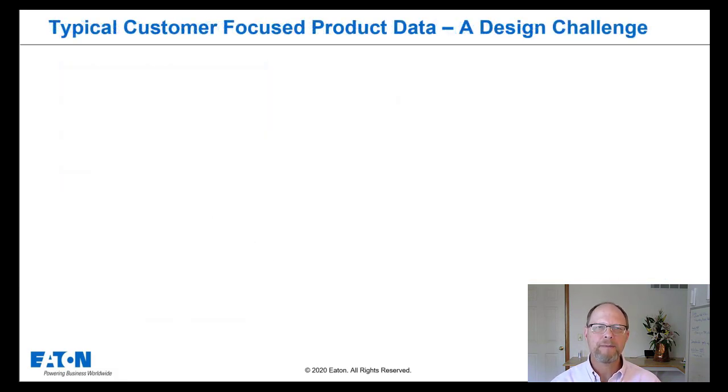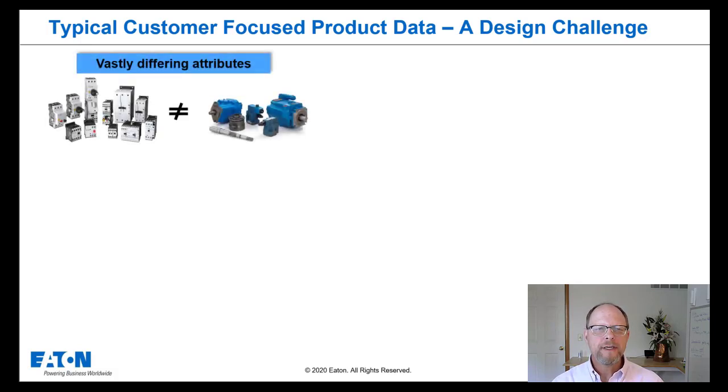So the first topic I want to cover is customer-focused product data, the stuff you need to sell products. With a company like Eaton, your products have vastly differing attributes. And all these things contribute to a very significant design challenge, right?